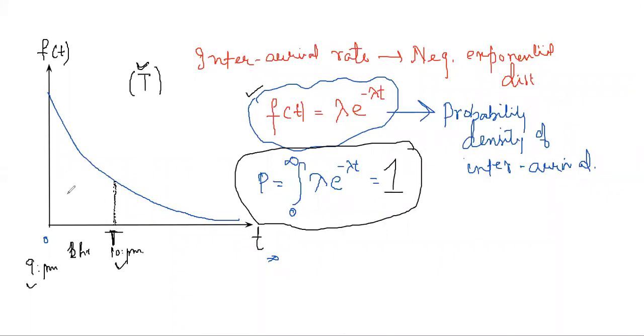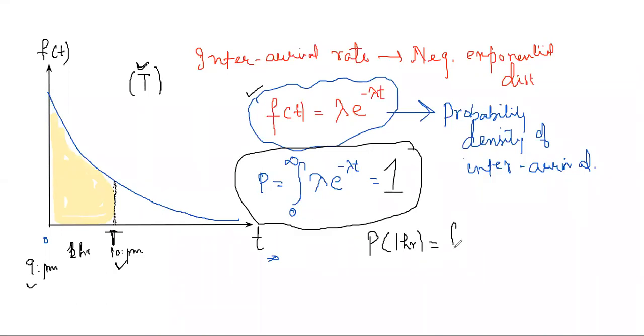Then we have to see the area under this curve. The area of this curve will give us the probability that the inter-arrival time is 1 hour.